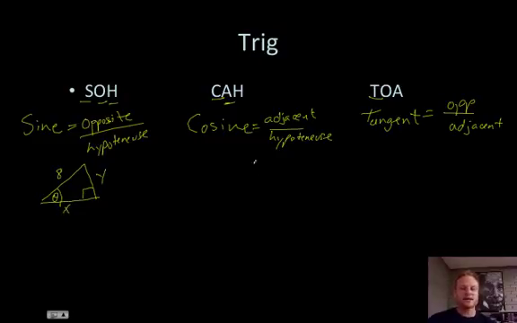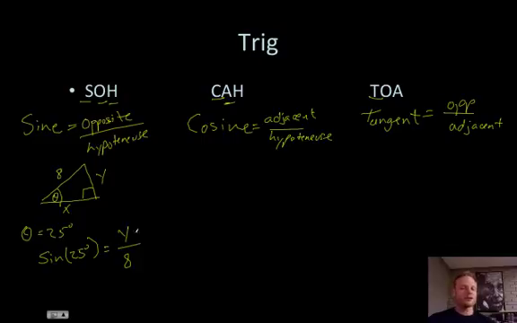Okay, so we're going to do some practice real quickly with this. I'm going to say that theta equals 25 degrees. So let's say I know this angle and I know the hypotenuse. Can I figure out what y would be in terms of a numerical value? And the answer is I can. All I'm going to do is take the sine of 25 degrees is equal to, now what is sine? Opposite, so it's y, over the hypotenuse, which is 8.